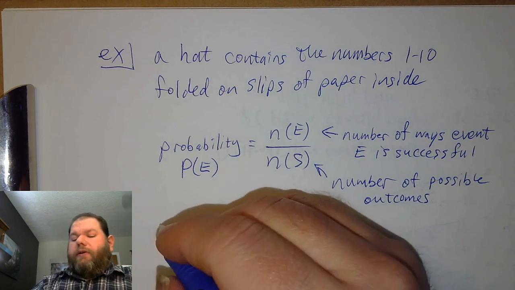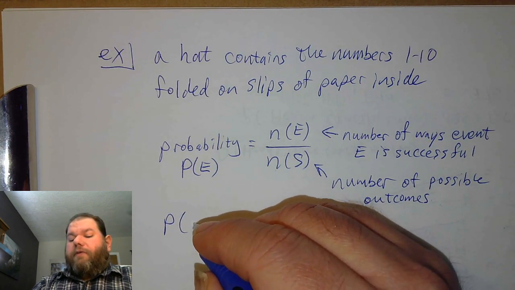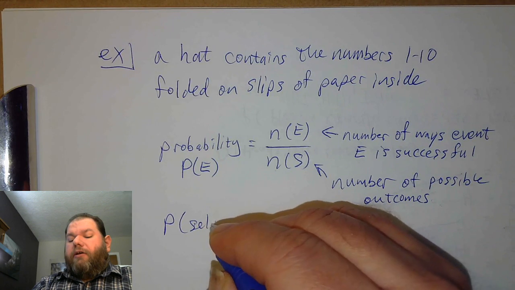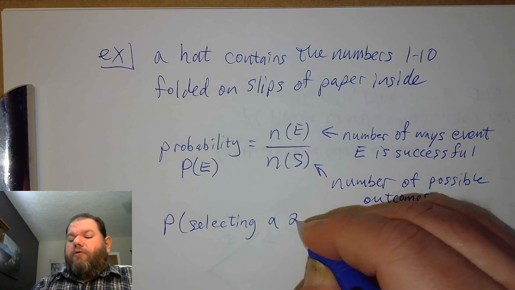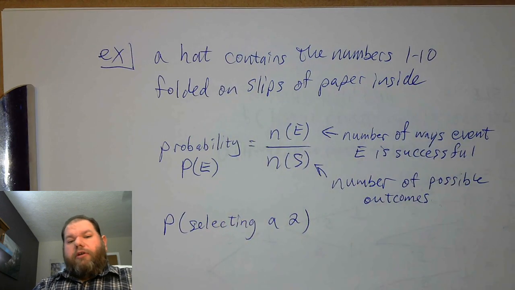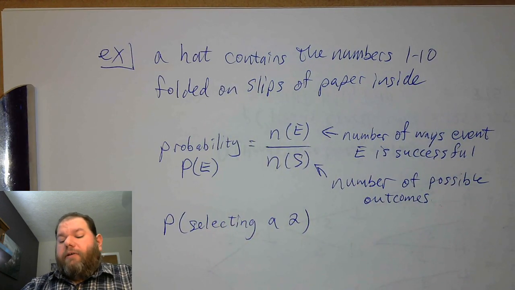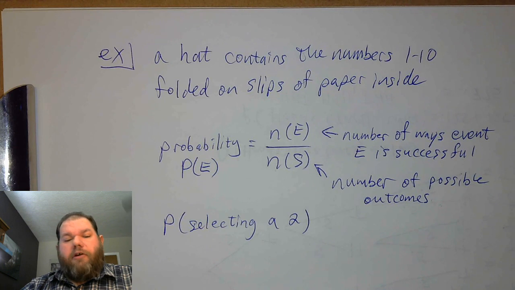What is the probability of selecting a 2 if we draw a number at random from this hat? What's the probability we pull one slip of paper and it has the number 2 written inside?